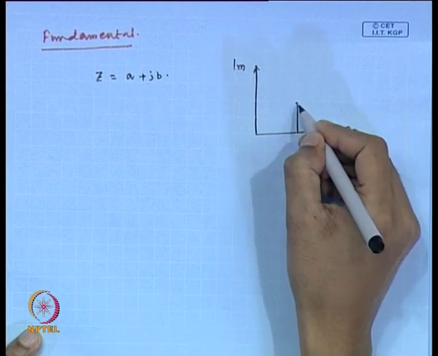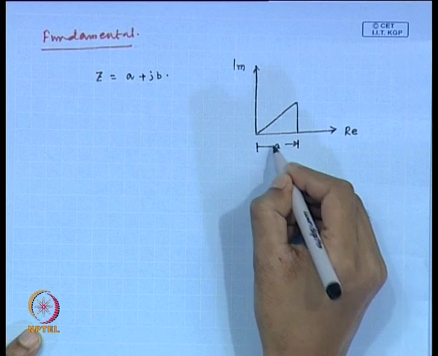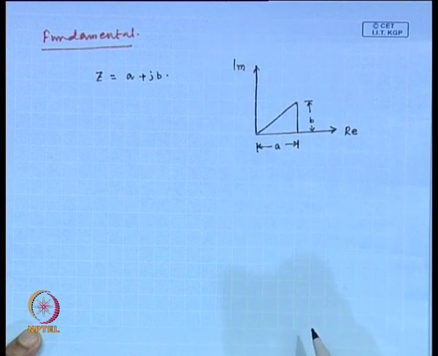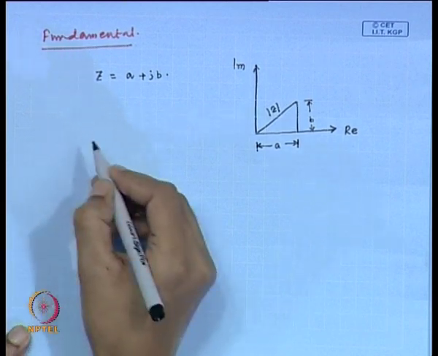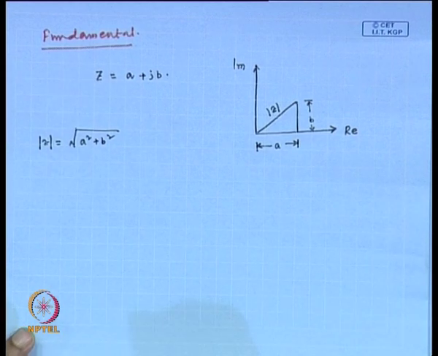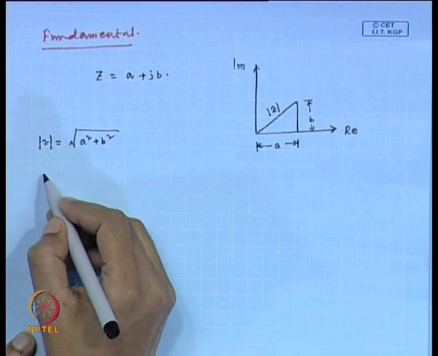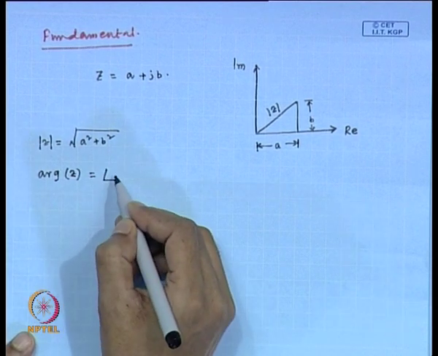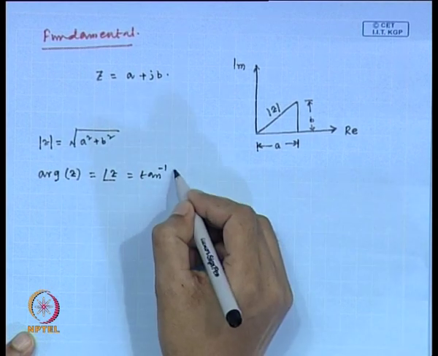So, this is the real part A and this is the imaginary part B. Now, the magnitude of Z we can find as magnitude of Z equals root over of A square plus B square, fine, and the argument of Z can be determined using this form.